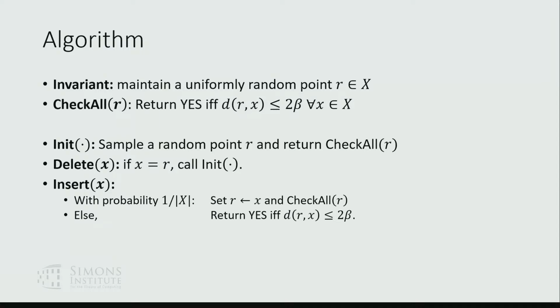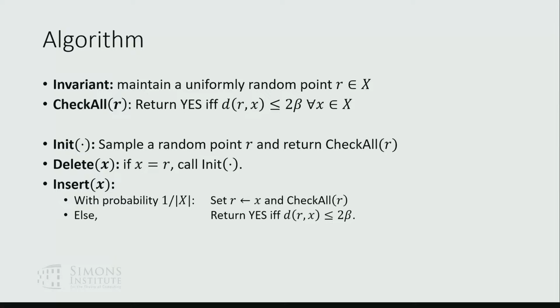And the last thing is to insert. To insert a point, just to make sure that R remains a uniformly random point, with some probability, which is precisely 1 over the size of your data set, you assign your new point to be R, and then check all.